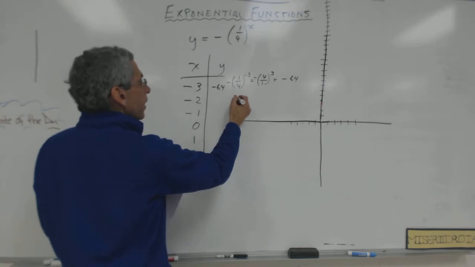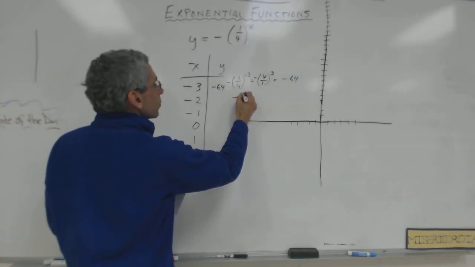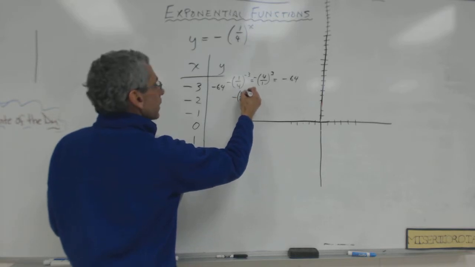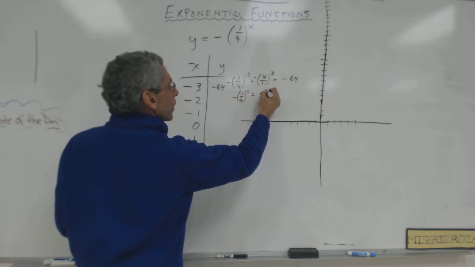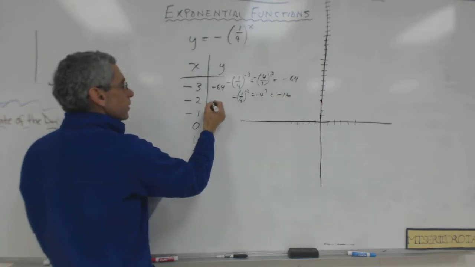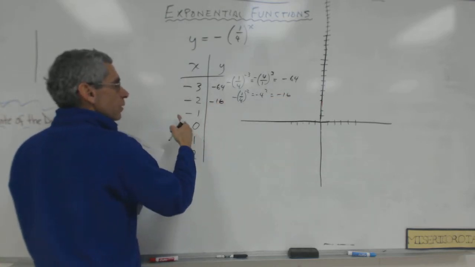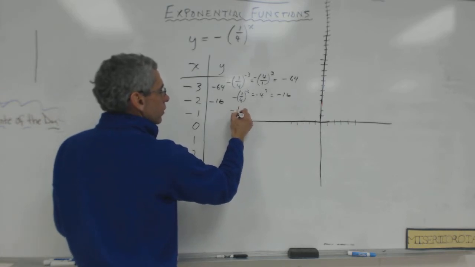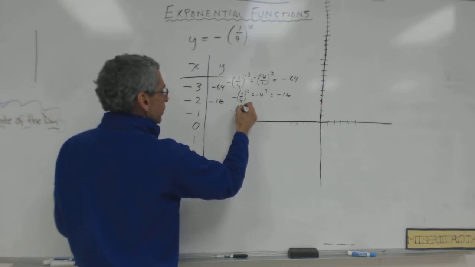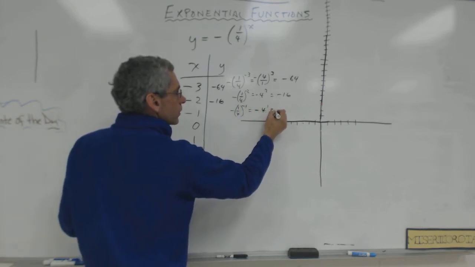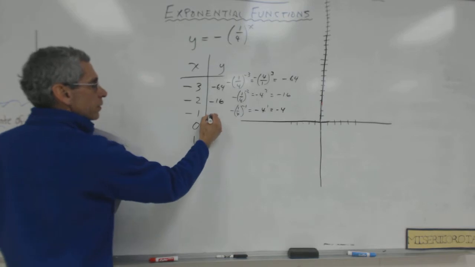All right, and then now we have negative 1/4 to the -2, which is 4 squared, so -16, right? -16. And then we got -1/4 to the -1, which is -4 to the 1, which is -4, right?